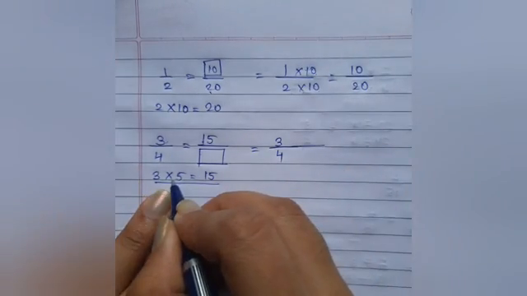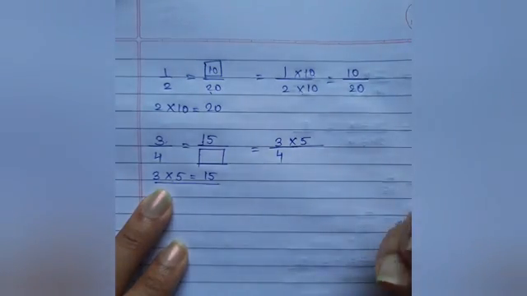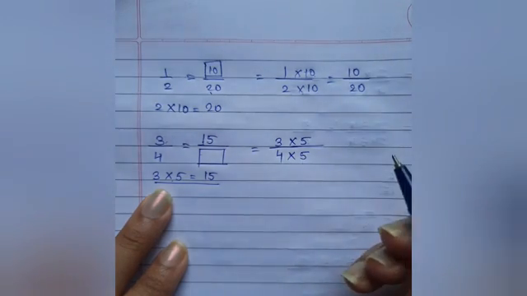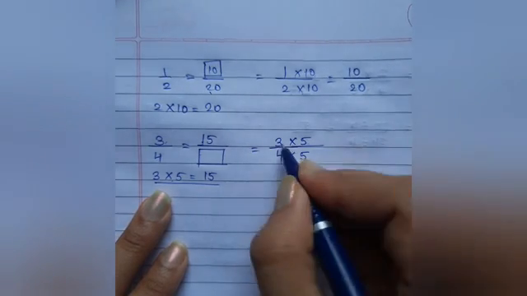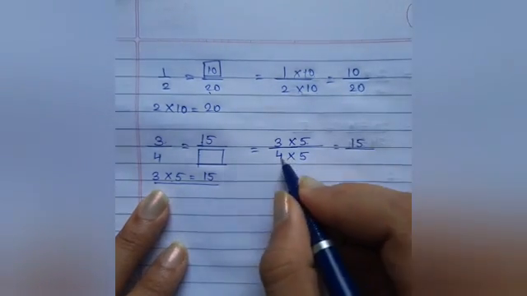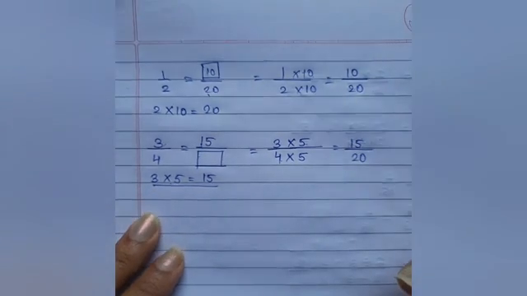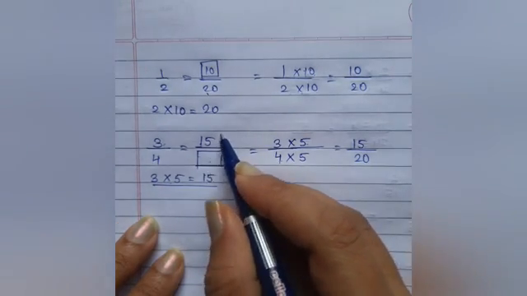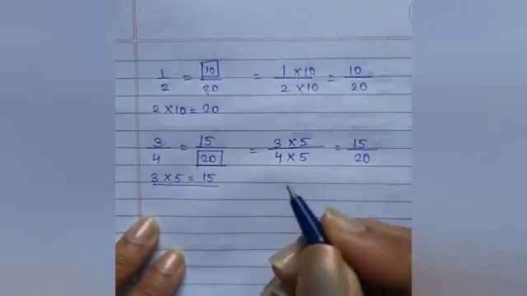The numerator gets multiplied by 5, and according to the rule, the denominator will also be multiplied by the same number. So 3 into 5 is 15 and 4 into 5 is 20. So the denominator for the equivalent fraction is 20.